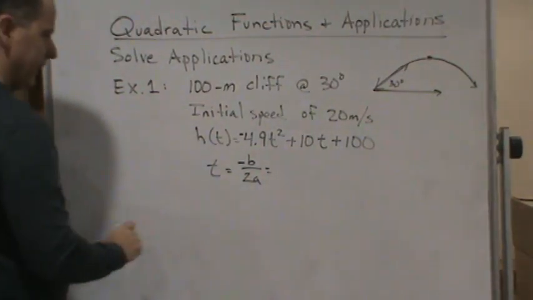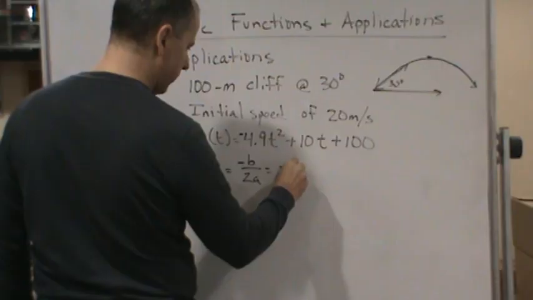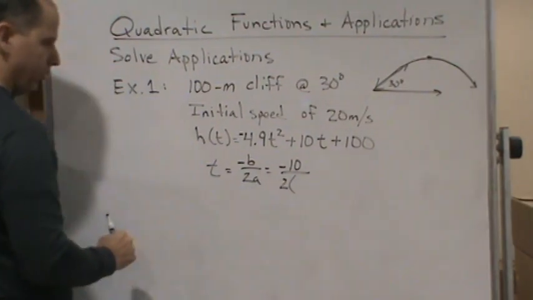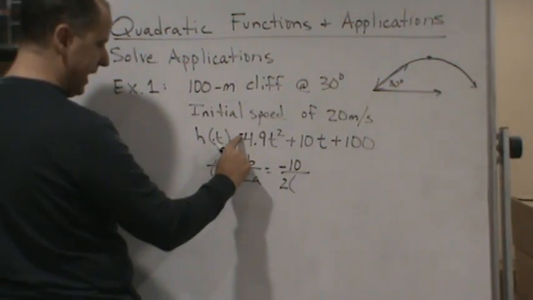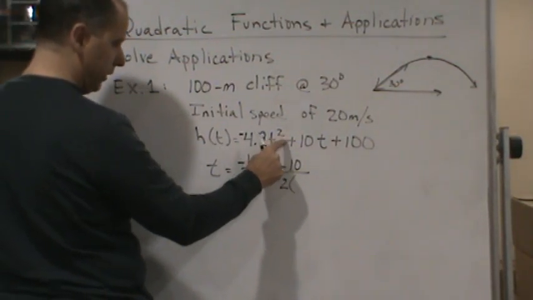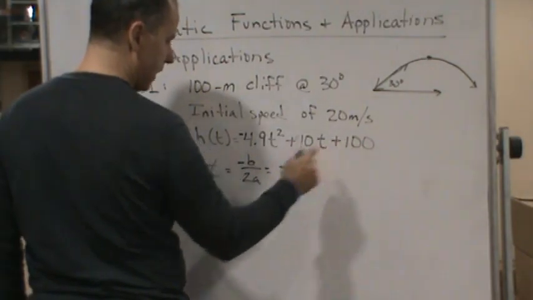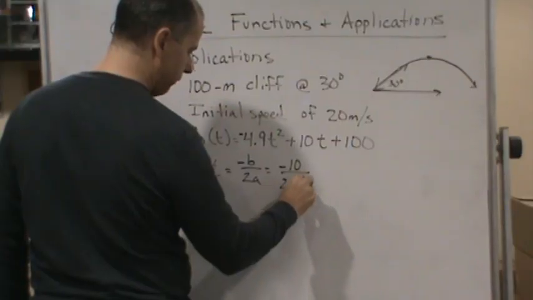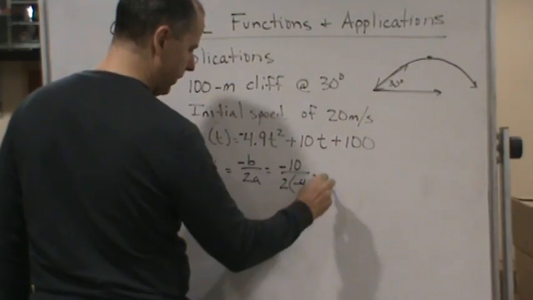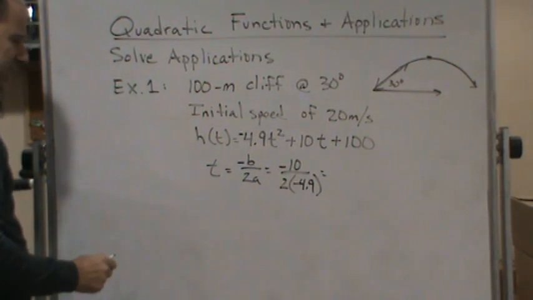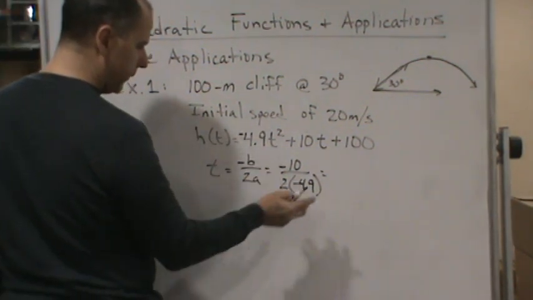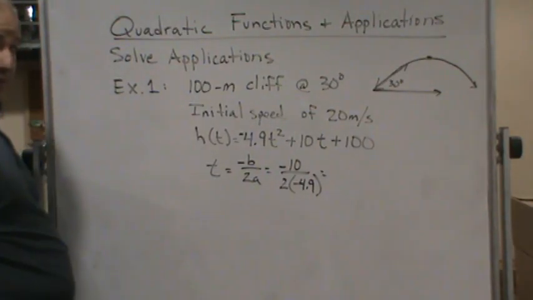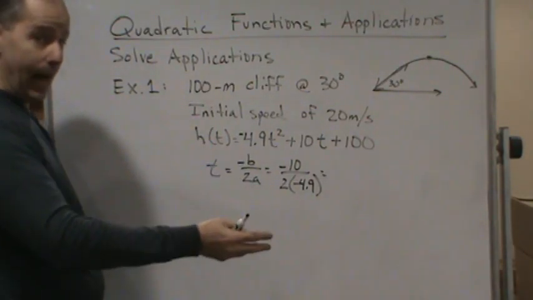In this case, b is 10, so it's going to be negative 10 over 2 times negative 4.9, because the height function is negative 4.9 t squared plus 10t plus 100. So a is negative 4.9. So what do we get? Negative divided by negative is positive, which makes sense because time is always going to be positive.